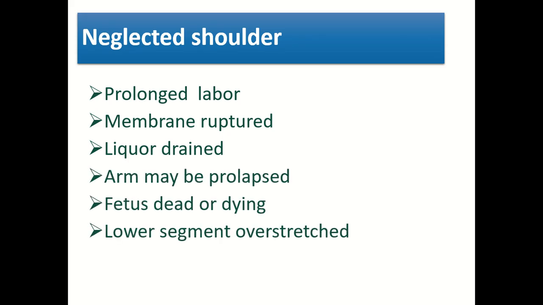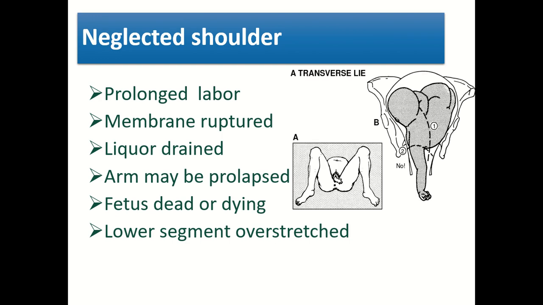I remember we talked about this term neglected shoulder in our class presentation. These are some of the features that can help you conclude that this was a neglected shoulder: the mother had prolonged labor, the membrane was ruptured, the liquor was drained, the arm is prolapsed, the fetus is dead or almost dying, the lower segment is overstretched.